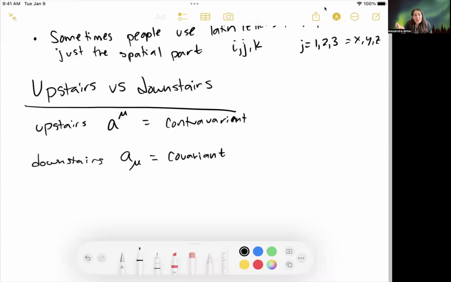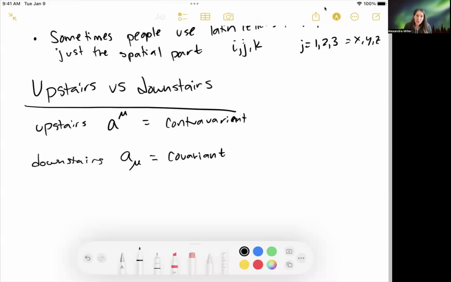I admittedly have often forgotten which one is contravariant and covariant, and as someone who doesn't remember things very well, I don't use the terminology very much. Instead, I just stick to upstairs and downstairs because I always remember what I'm talking about there. These objects are going to transform in different ways under Lorentz transformations. So it is important to realize that they are distinct objects, though they are related.